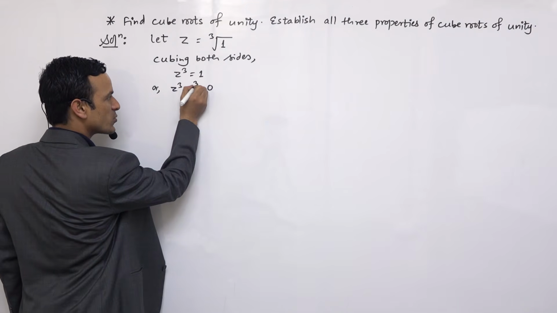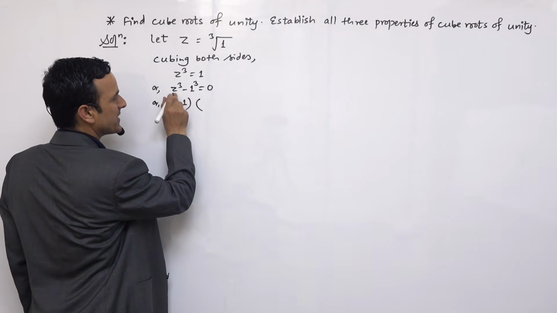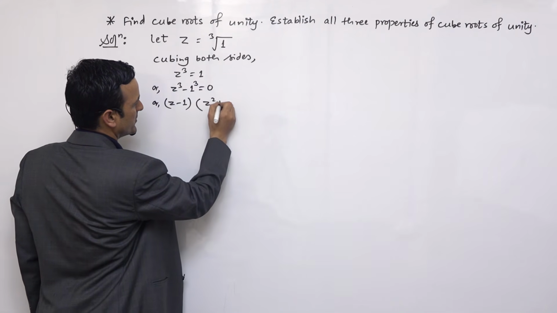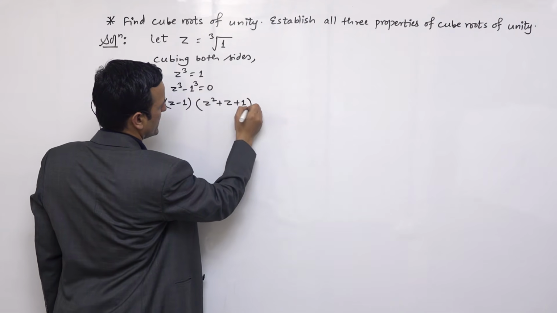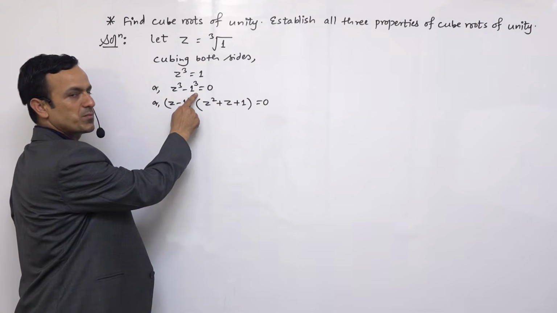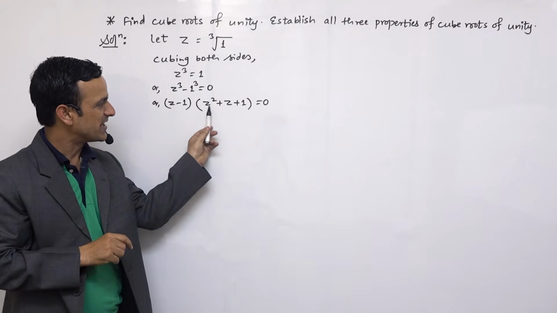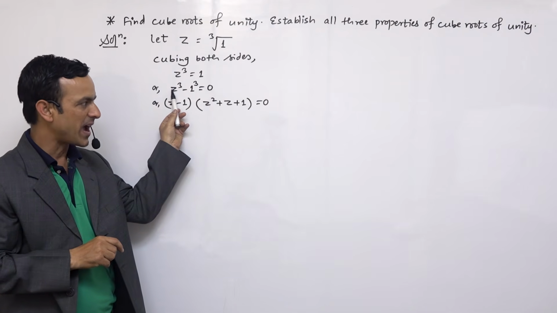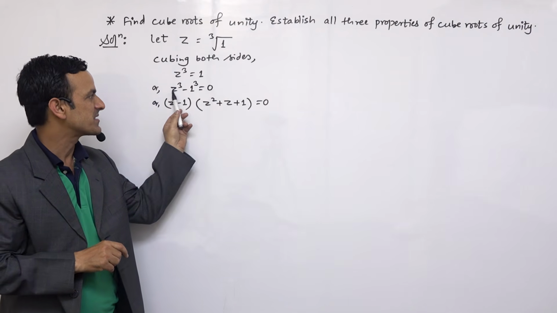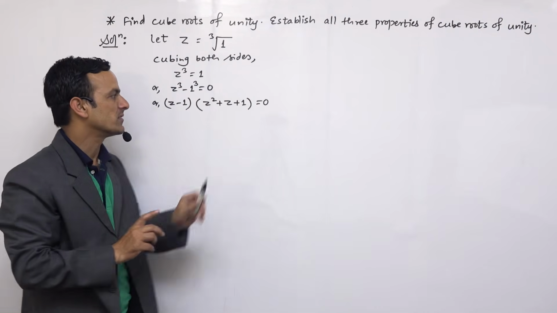So 1 means 1 cube, and write down the formula of a cube minus b cube is equal to 0. This is the formula of a cube minus b cube. So this is a minus b, and a square means z square, plus ab means z into 1, z, plus b square means 1.